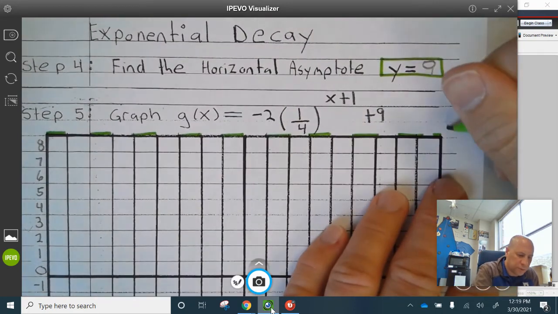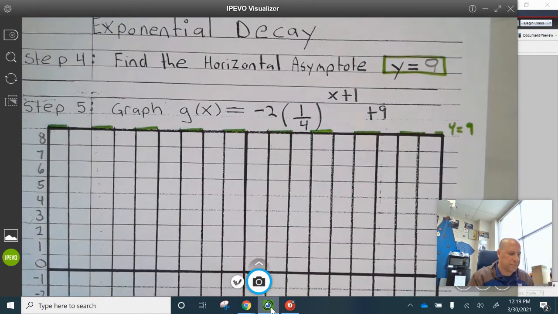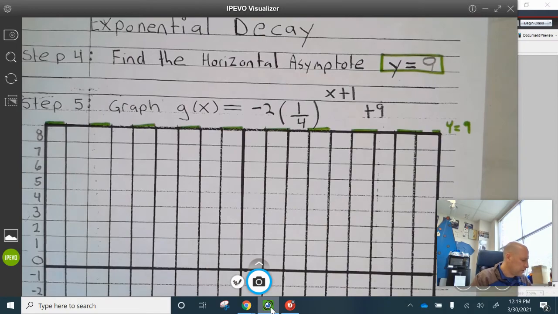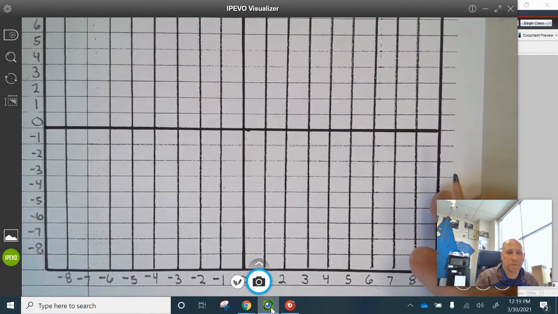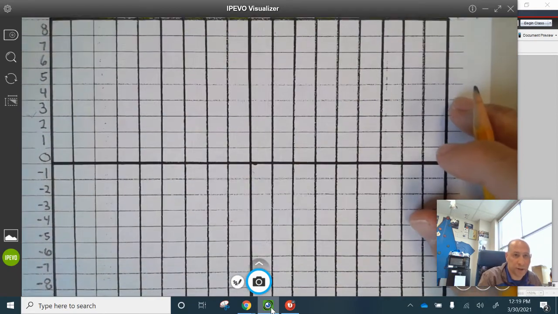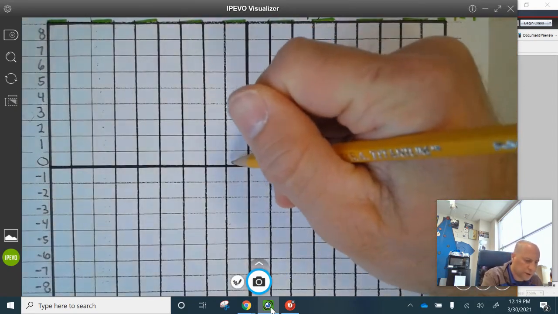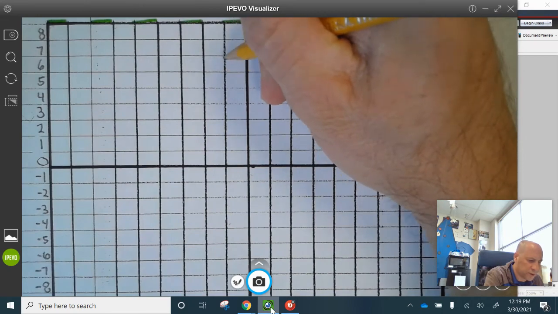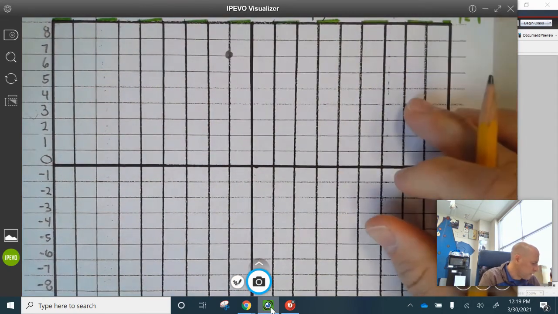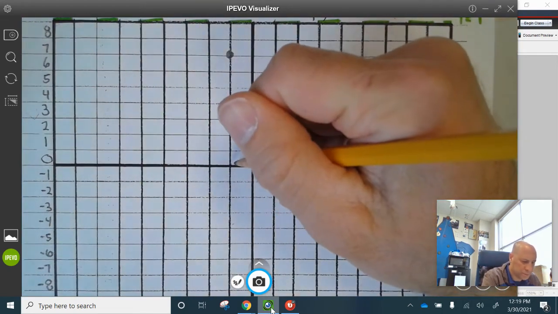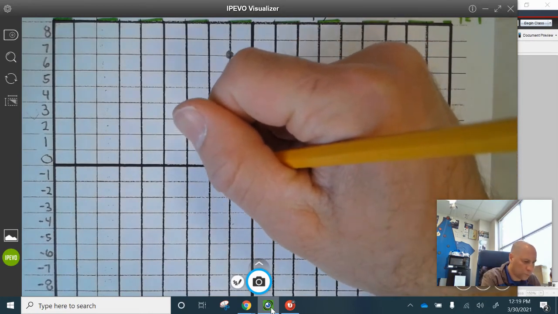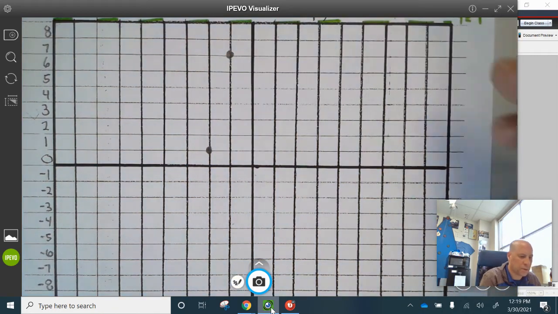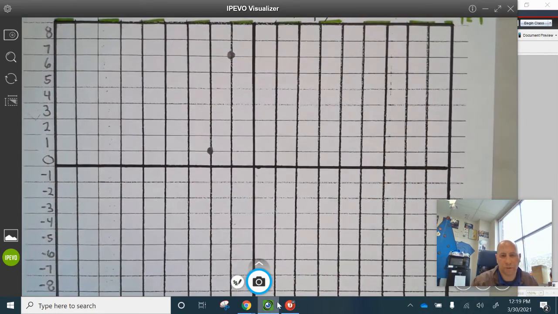So y equals 9. Let's graph our reference points. So negative 1, 7 is right here. And then negative 2, 1.